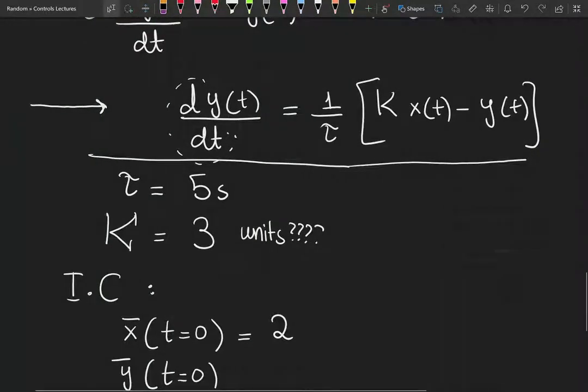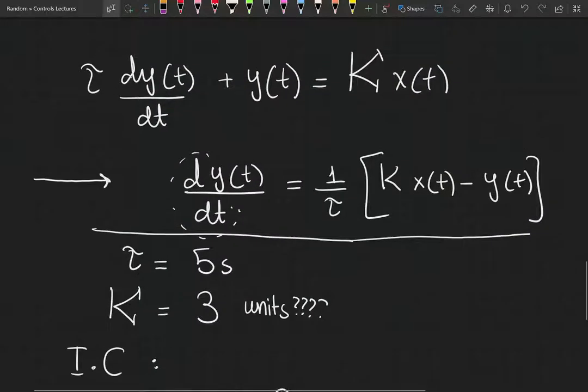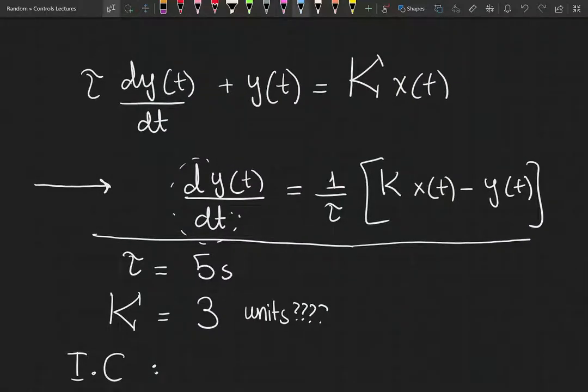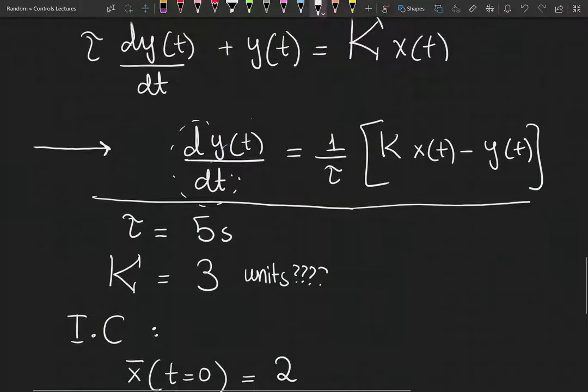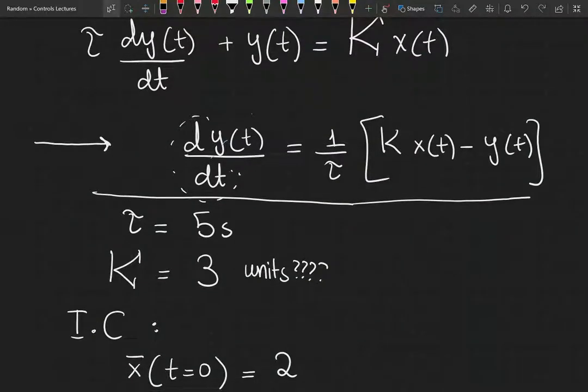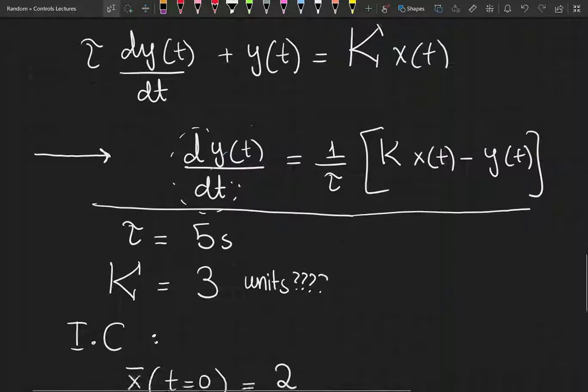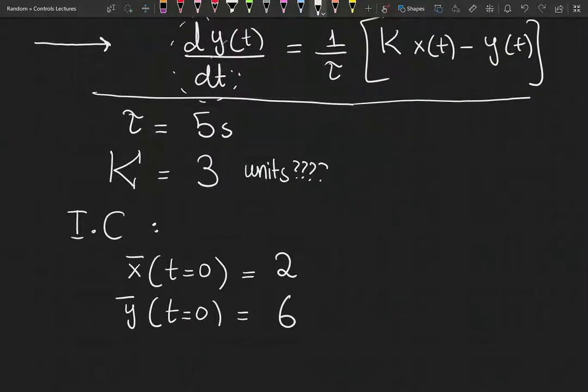If you go back and assume steady state by getting rid of this term, we're talking about the initial steady state before we destabilize the system. Then you will come to the conclusion that y is equal to 3 times 2, 6.